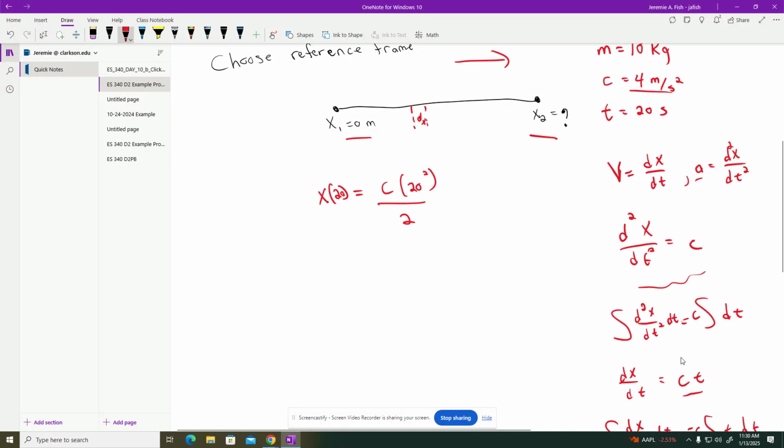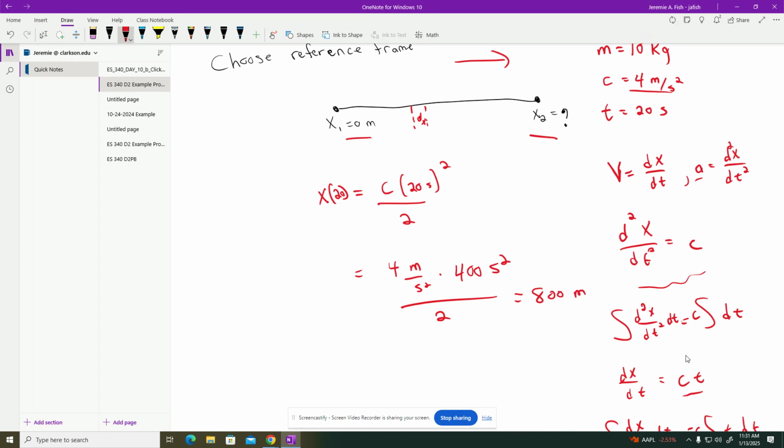And the units here are going to be 20 seconds, so it's going to be seconds squared. The whole thing should be squared. So this is going to be equal to 4 meters per second squared times 400 seconds squared divided by 2, which is equal to 800 meters.